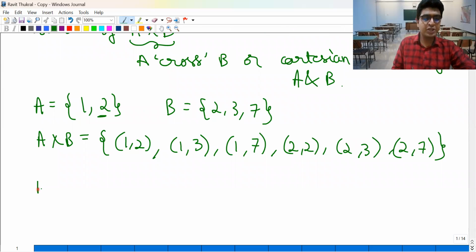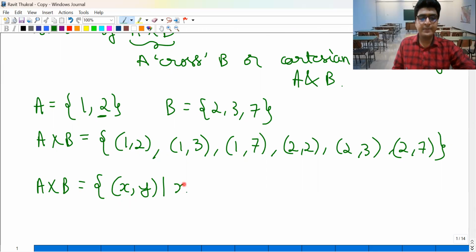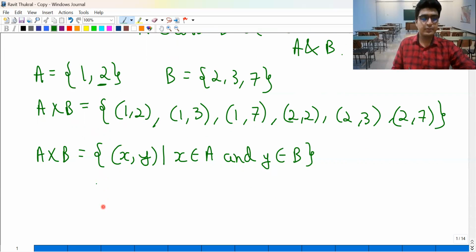When we talk about Cartesian product in mathematical terms, it is equal to all the ordered pairs (x, y) such that the first element x comes from set A and y comes from B. We have to understand these mathematical terminologies and definitions, because in your exam you'll be given a lot of things in this manner only. So you should understand what these terms actually mean.